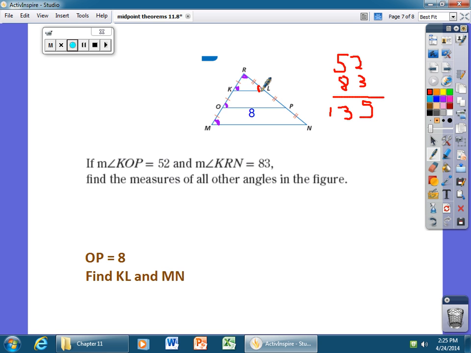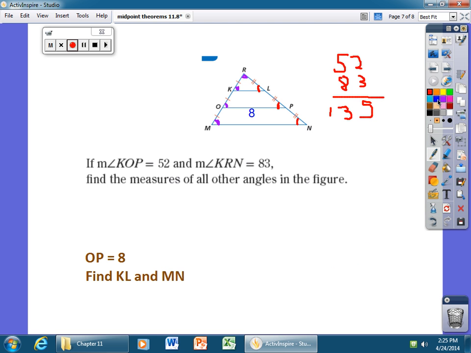So that means RLK is 45 degrees, and RPO is 45 degrees, and RNM is 45 degrees. So now I have all of the angles, and I can also figure out these supplementary angles, so I can figure out any angle in that triangle.